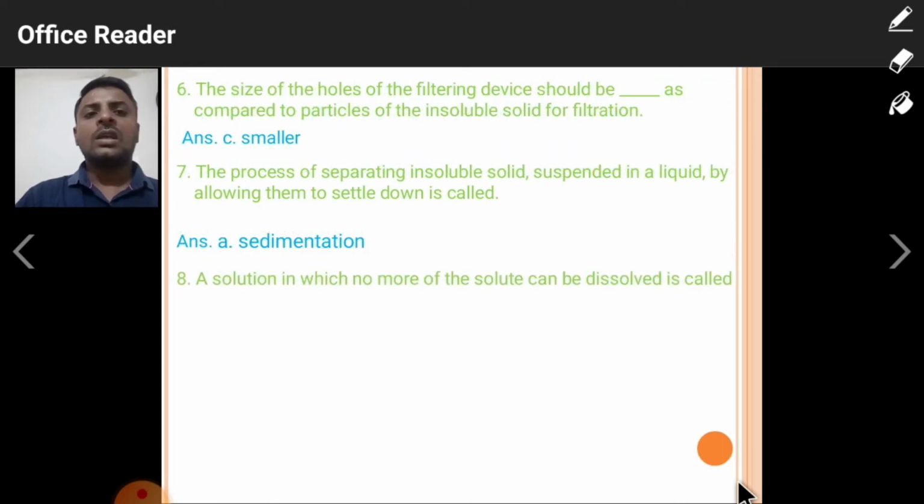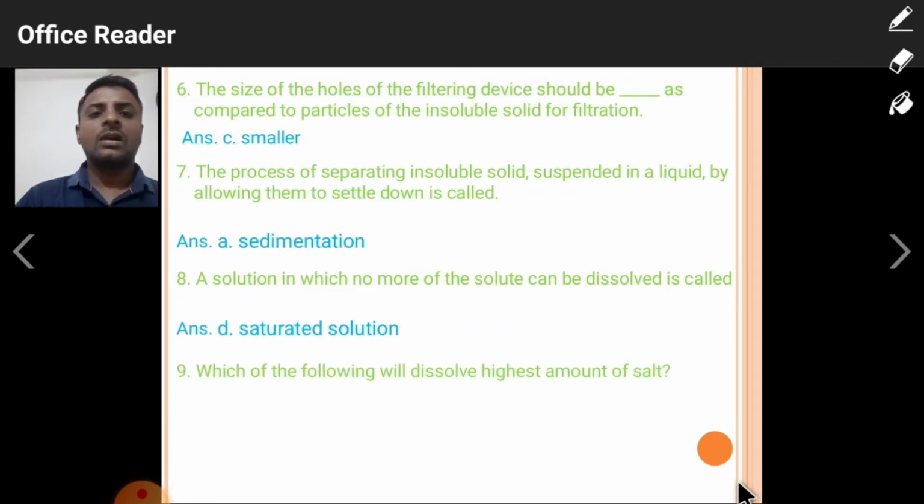A solution in which no more solute can be dissolved is called a saturated solution. Which of the following will dissolve the highest amount of salt?